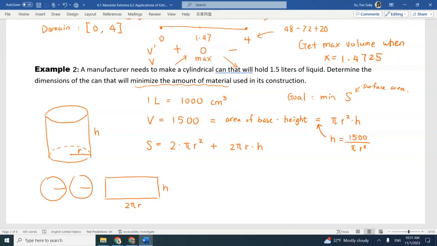So we substitute this here to get rid of h. So plug in. We get 2 pi r squared plus 2 pi r times h, which is 1500 over pi r squared. Is that okay, everybody?